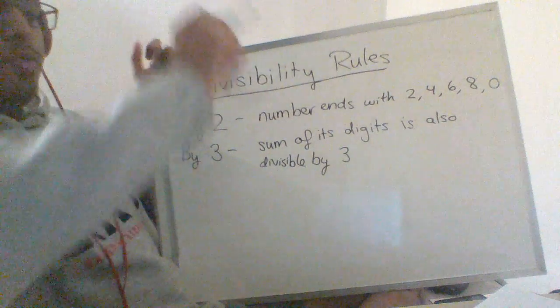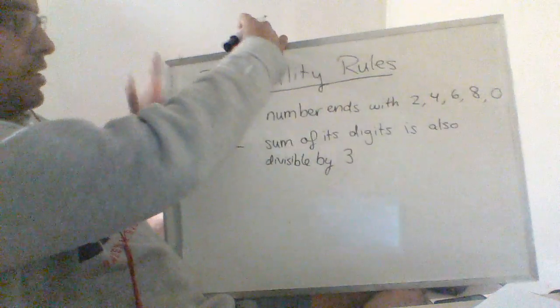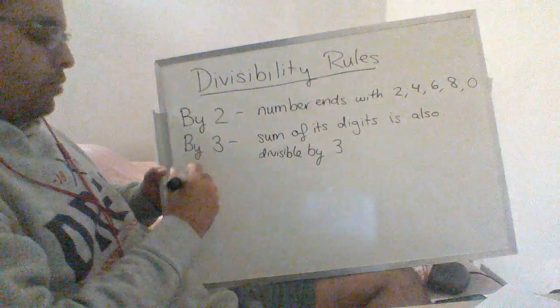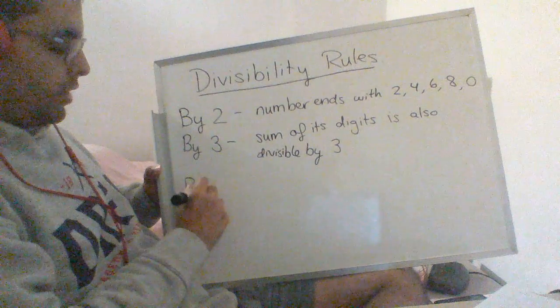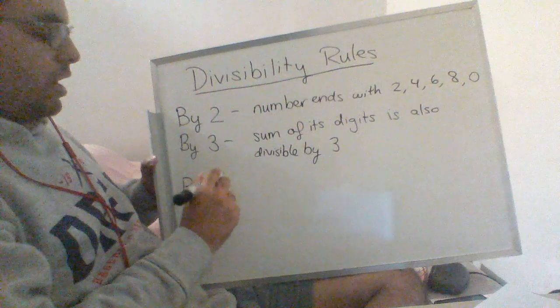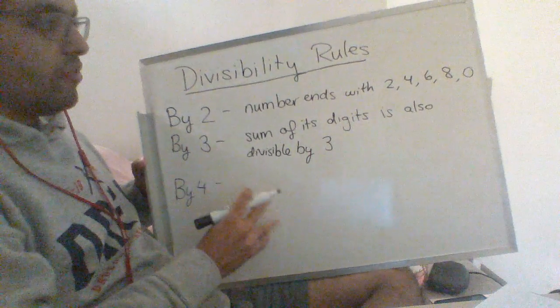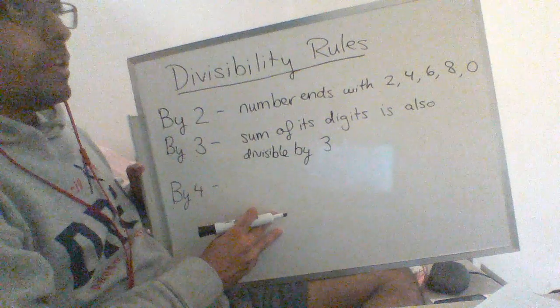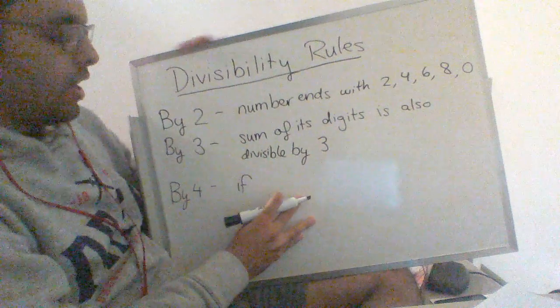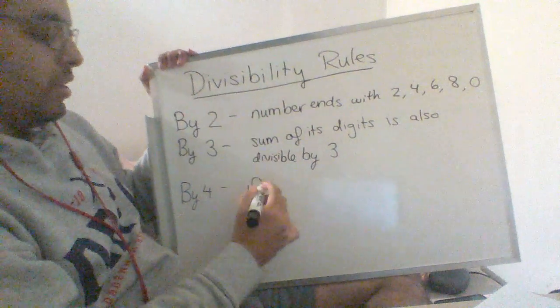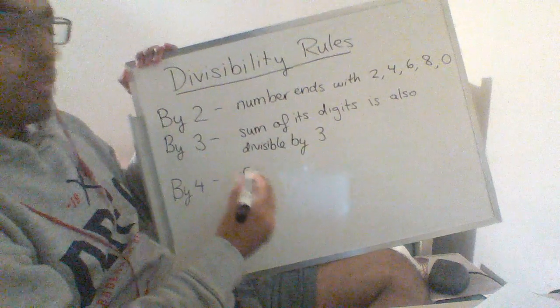So now let's do 4, 5, and 6, and then we'll probably stop there for now, so that we can move on to something else. So divisibility by 4. I'll say it the way I learned it at first. It's again like the thing with the 3.